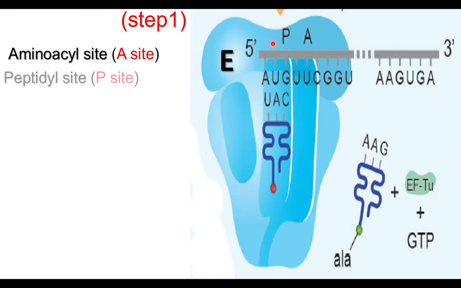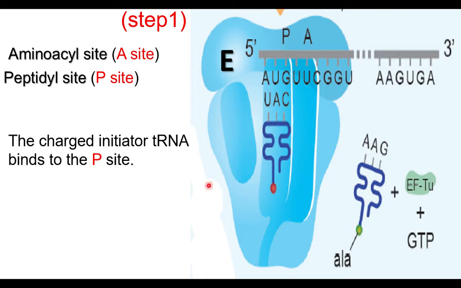P site is called peptidyl site. It carries the growing polypeptide chain. The tRNA found on the P site carries the growing polypeptide chain. At the beginning of protein synthesis, the charged initiator tRNA binds to the P site.